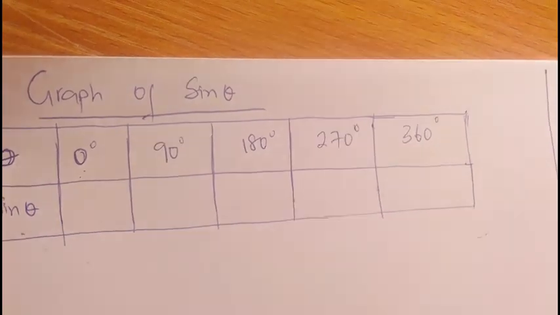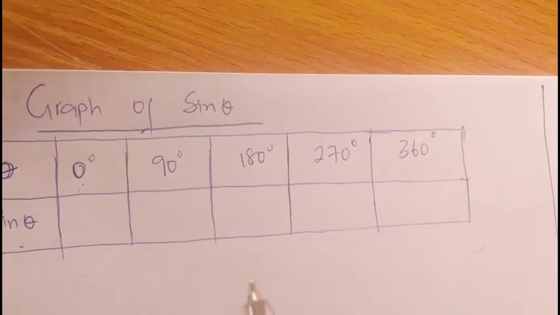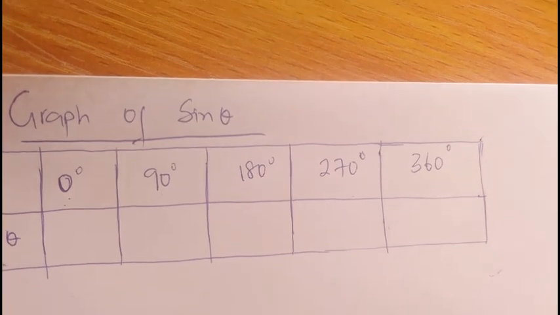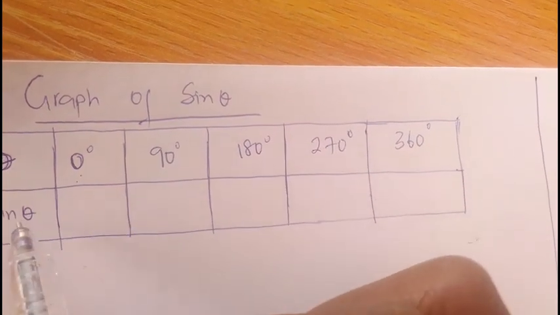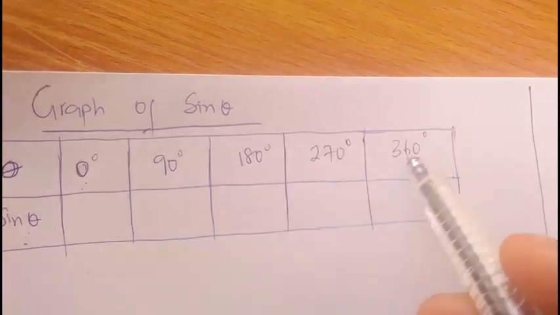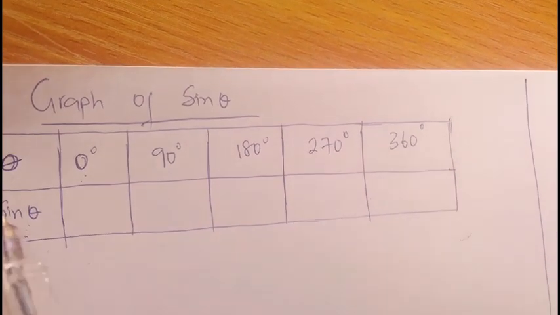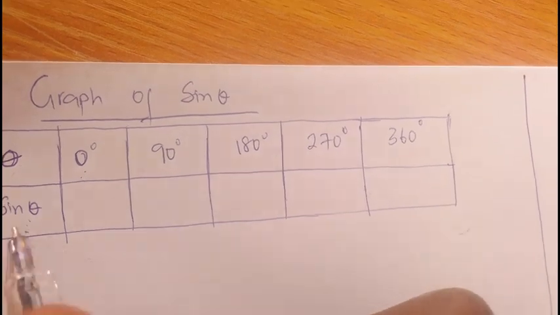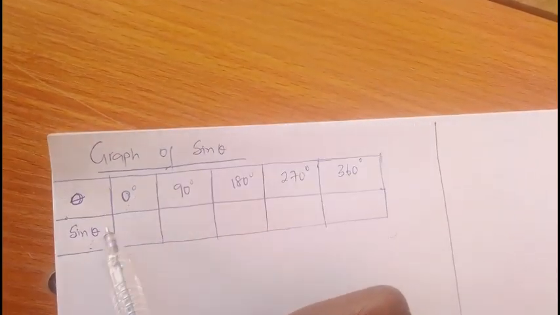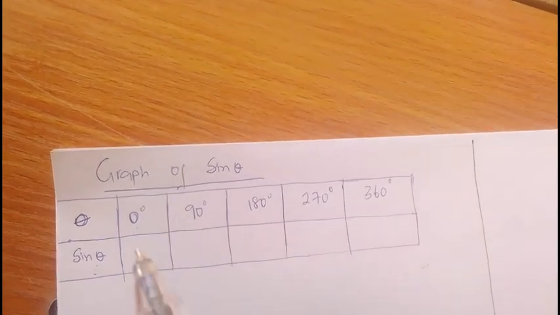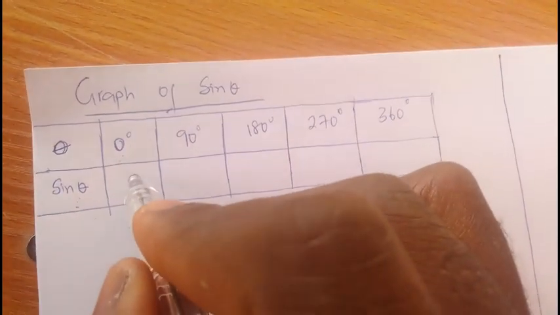But to make it faster, I'm using the points on my quadrant. Sine theta means you should check the sine of each of these angles to get my y. Sine 0 on your calculator or your four-figure table is 0.